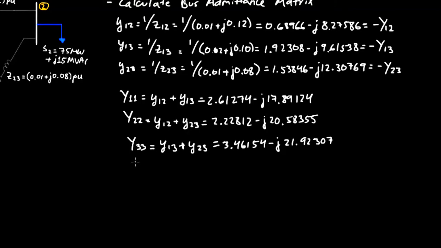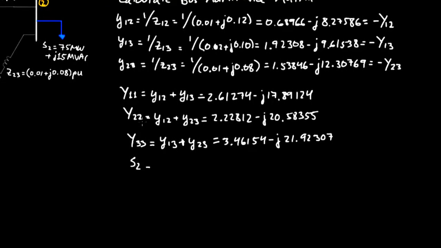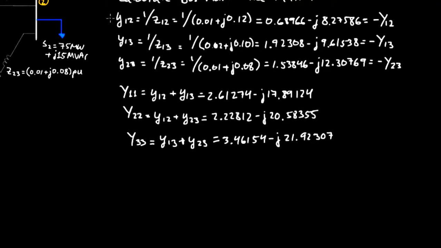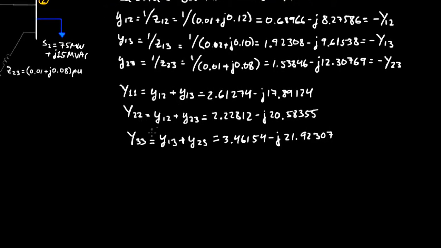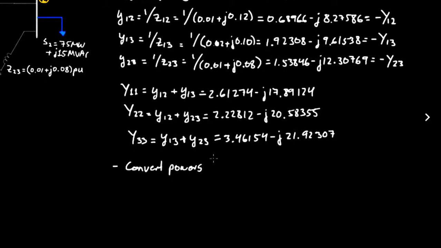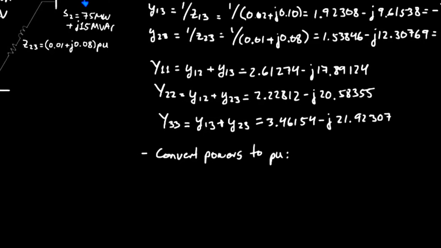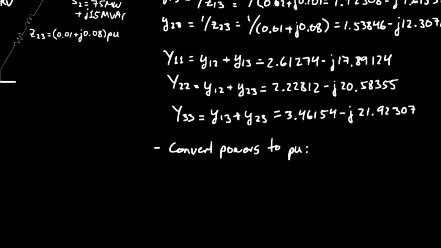Let me separate this. I said over here, calculate the bus admittance matrix. Let me say over here, convert powers to per unit, just to keep track of all the steps that we need to take for this example.